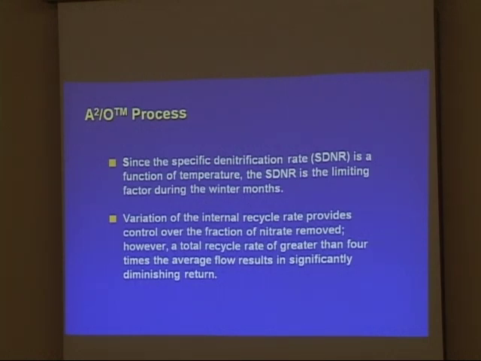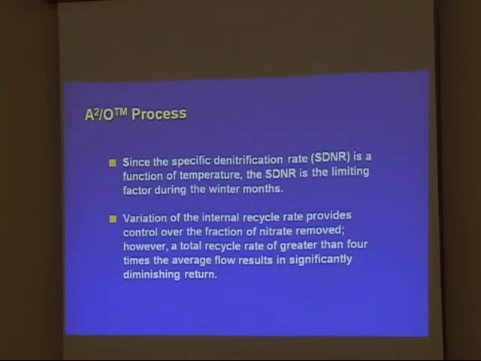The other thing is, variation of your internal recycle rates provides control over the fraction of nitrate removed. However, a total recycle rate of greater than 4 times the average flow results in significantly diminishing returns. That's why your internal recycle is not going to go that high. We're only looking at a max of, I think, 3.2 times your flow coming in.